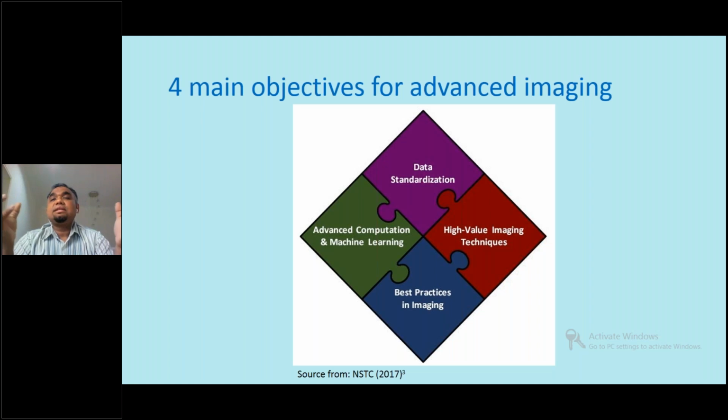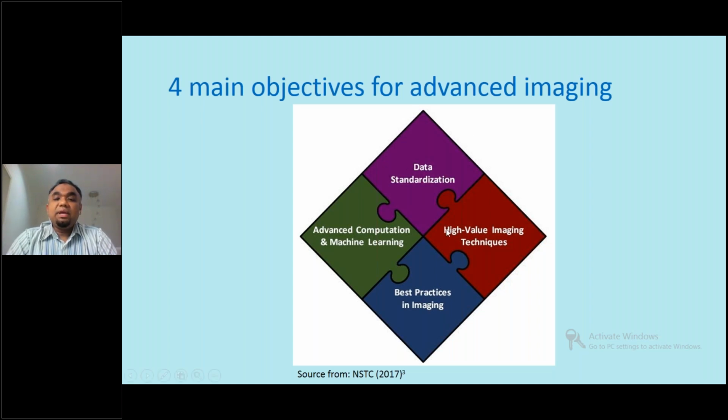This is what we call data standardization. It's hard to implement, especially in a country, because most of the time each center has its own imaging protocol that they are familiar with. So this is one agenda of advanced imaging.